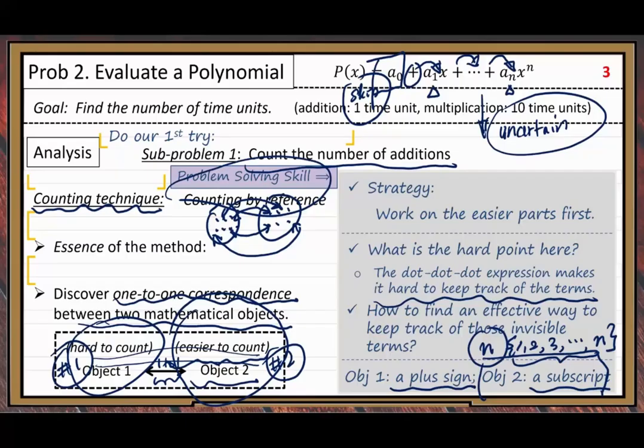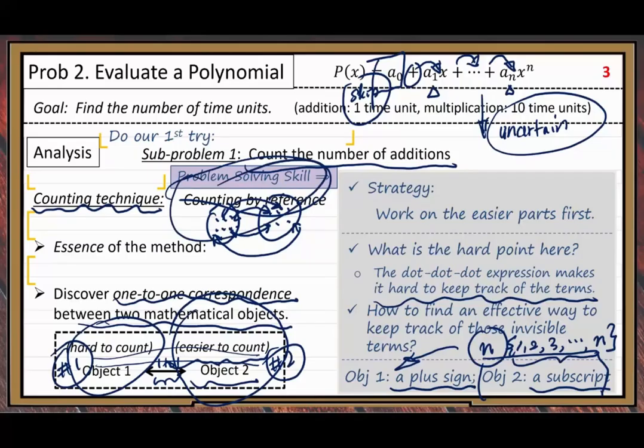Then we go back to our goal: we want to count the number of plus signs. So our conclusion is there are n additions in this polynomial when we apply the brute force method. So that's this counting by reference method.